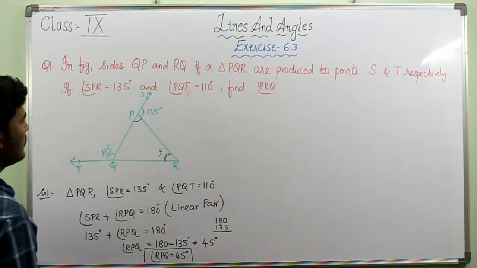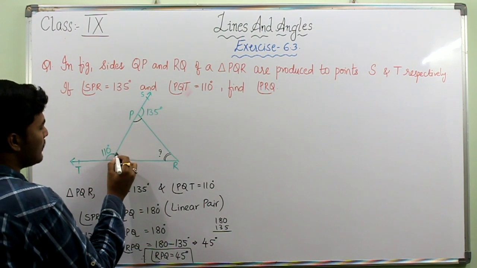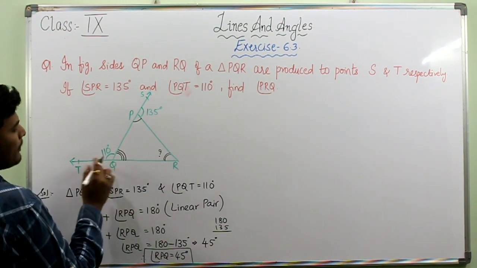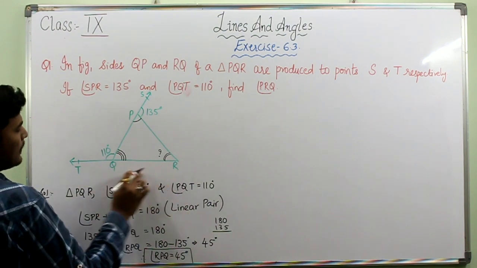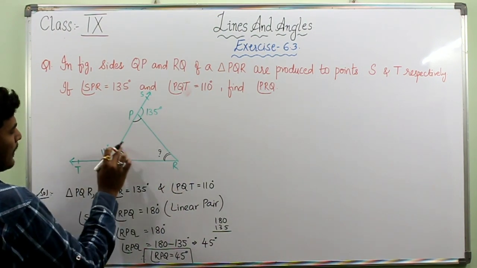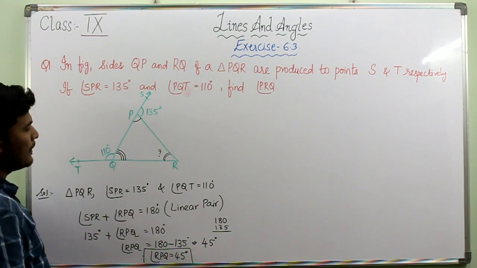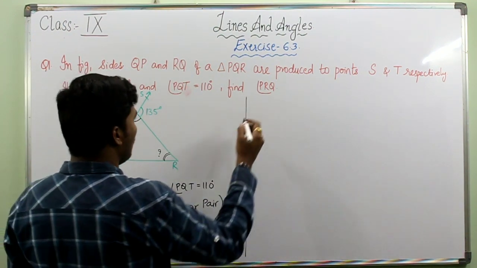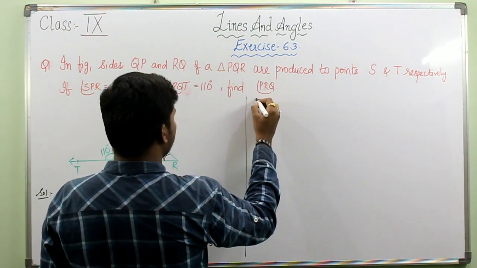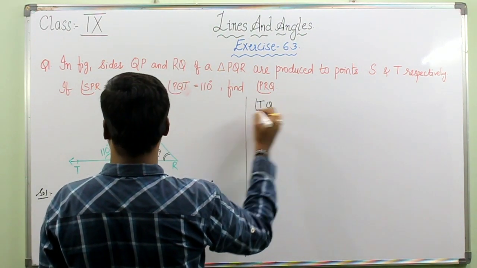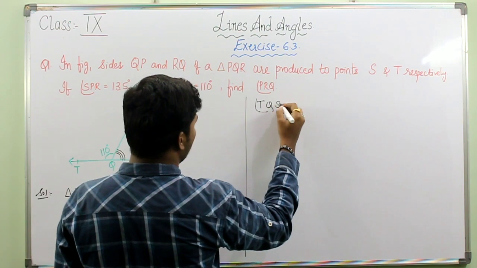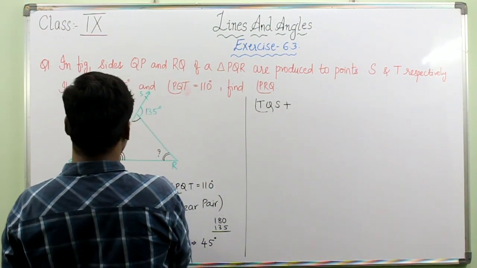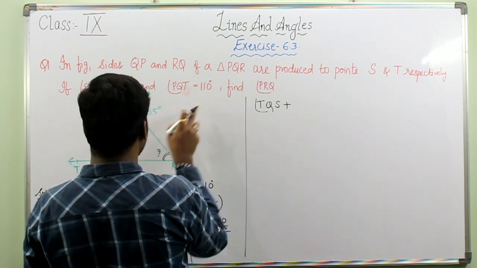Okay. Next, now let us find out this angle. Okay, again here if you see, it is also forming a linear pair here, right? TR is a straight line and the angle is being formed here, that is a linear pair. So let us take that pair now, that is TQS plus PQT, that is nothing but 110.